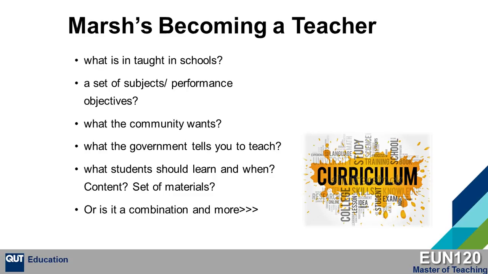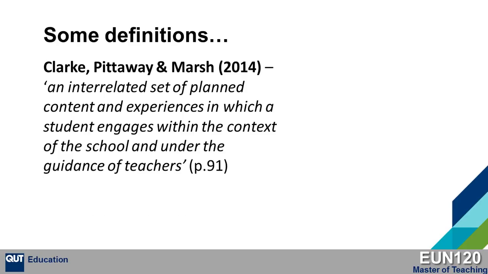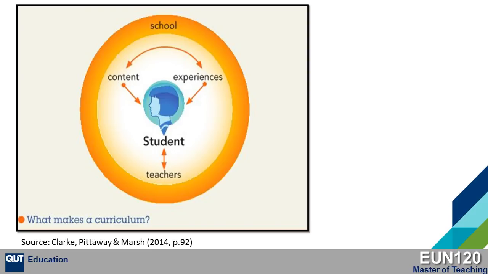Clark, Pittaway and Marsh, the authors of your set text, prefer to define curriculum as an interrelated set of planned content and experiences in which a student engages within the context of the school and under the guidance of teachers. So you can see both Tyler's and Taba's thoughts in this definition, and they've represented their way of thinking in the following diagram.